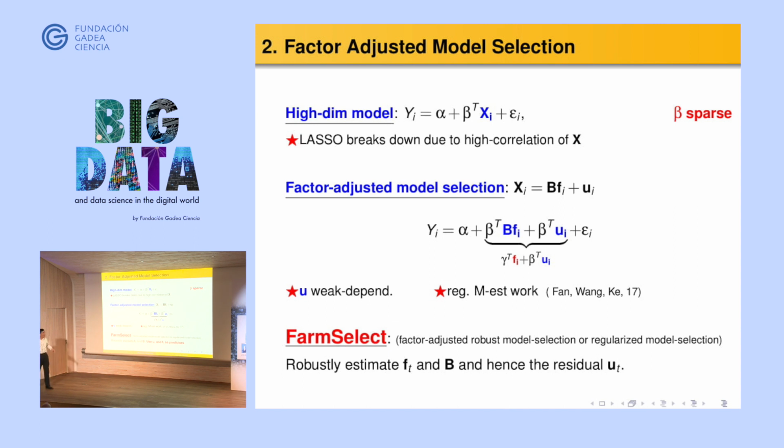So by including a few more common factors as your predictors, by lifting your space, let's say it's a 5-factor model, by lifting your space five dimensions more, all covariates suddenly become weakly dependent, because all those idiosyncratic parts will behave like what you would expect. They are weakly correlated. And this Fi, by definition, is uncorrelated with Ui, right? So then the regularized method will work. And this one we programmed in R, called FarmSelect, factor-adjusted model selection.